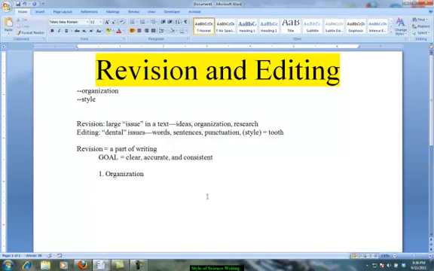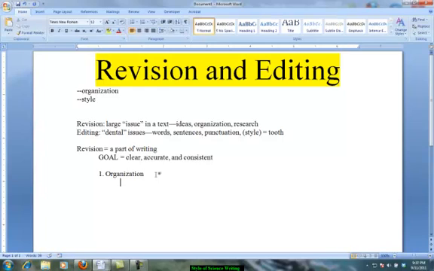One of the first things that we do to try to improve the substance of our writing is organization. When you're revising your organization, you must approach this with an open mind. Be prepared to fail. That's another one of our mantras in this class.